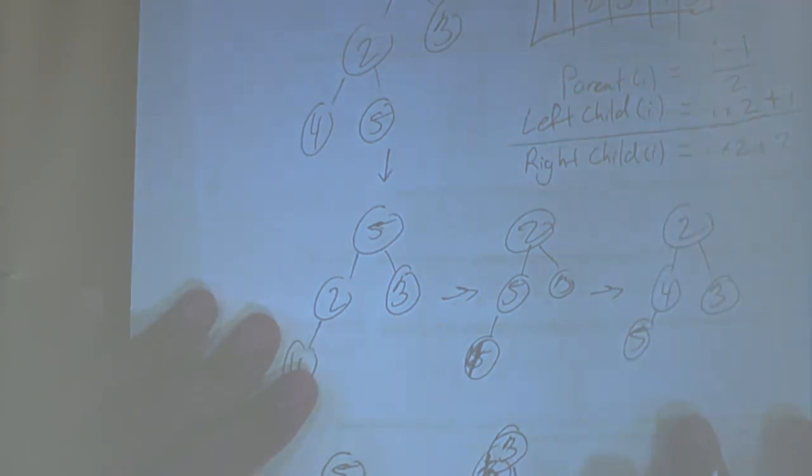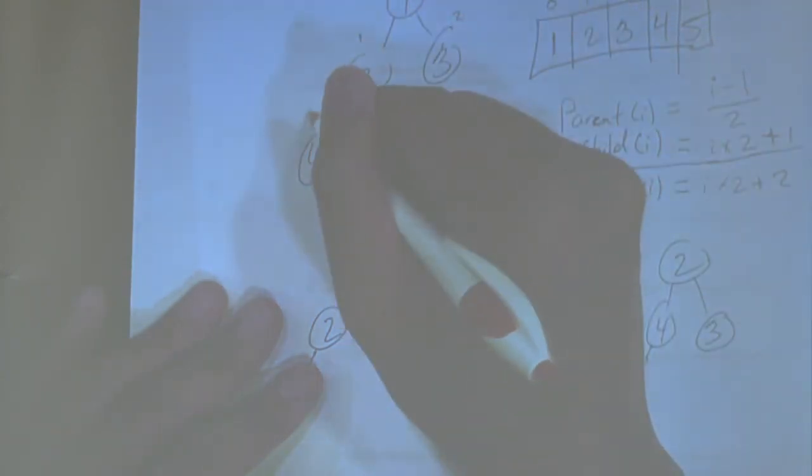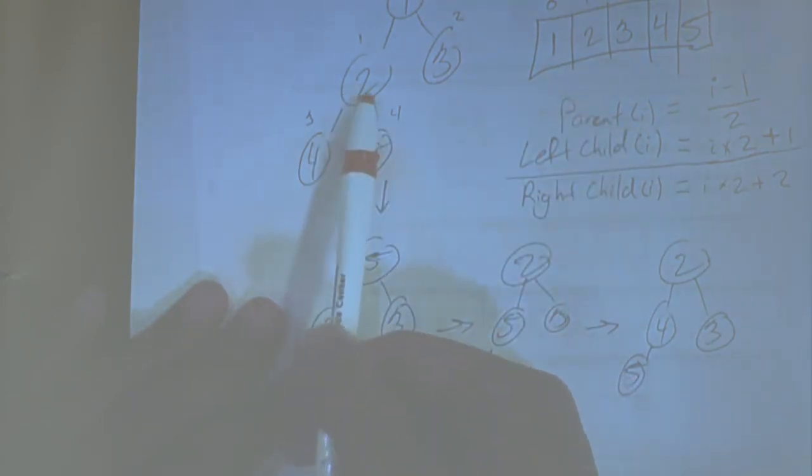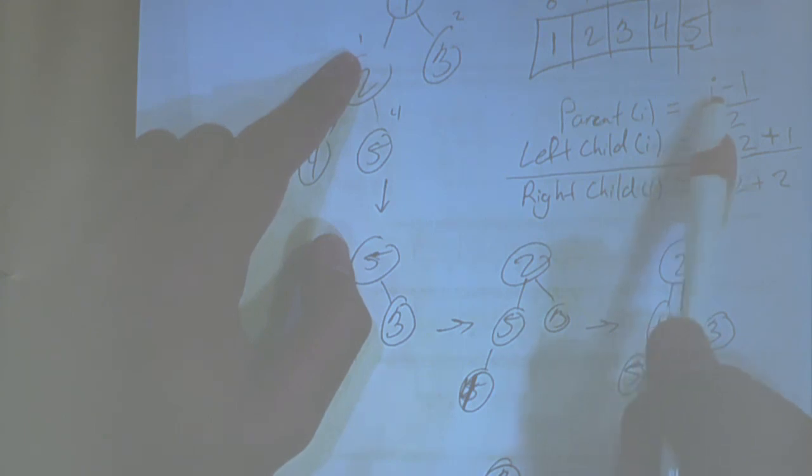We see that these equations hold because if we represent the heap as, say, this is index 0, 1, 2, 3, 4. The parent of node 2, if we insert the index 1 into here, is 1 minus 1 is 0 divided by 2, that's 0.